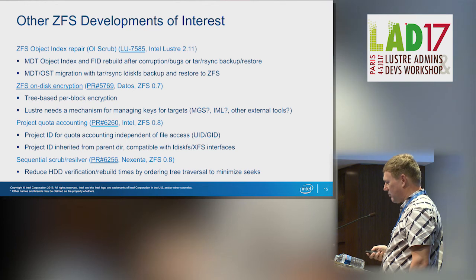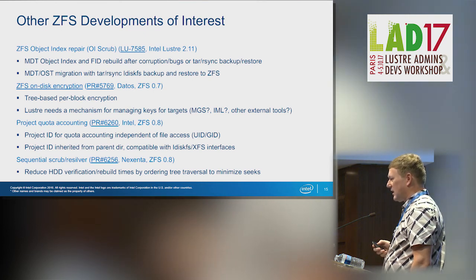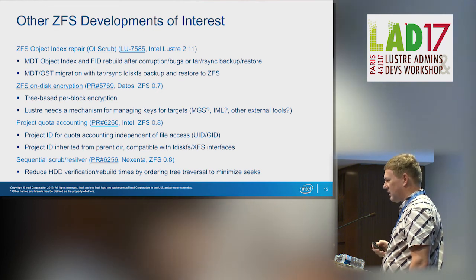Currently there's no Lustre level integration for this, so you'd have to have some external tool that's managing the keys for unlocking the pool at mount time. There's also project accounting for ZFS to match the LDiskFS equivalent feature, and improving the scrub and resilver speed, to improve RAID rebuilding for ZFS, in the absence of D-RAID, to do ordered I/O.